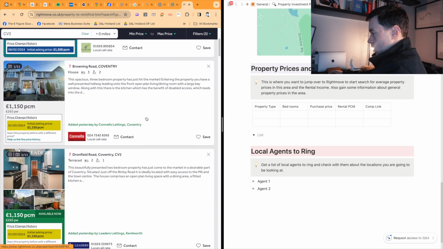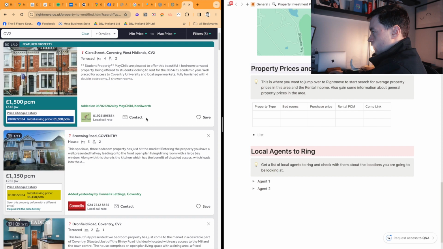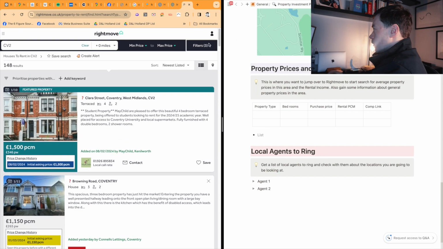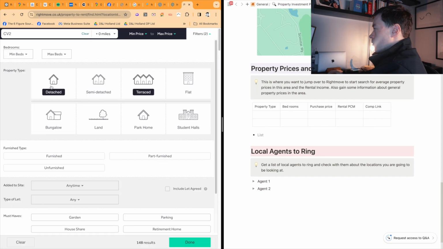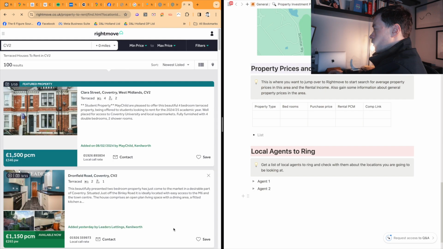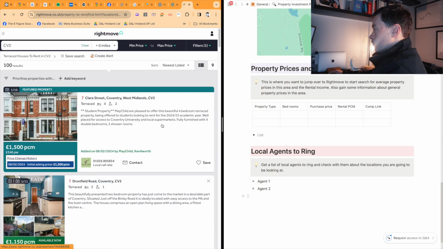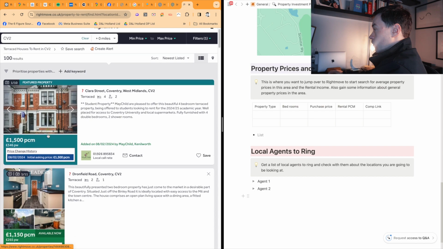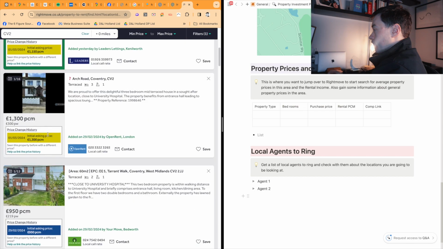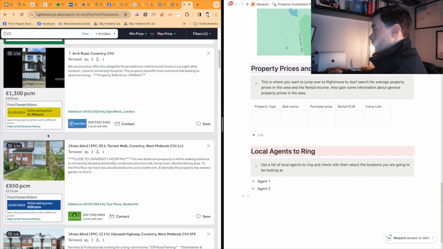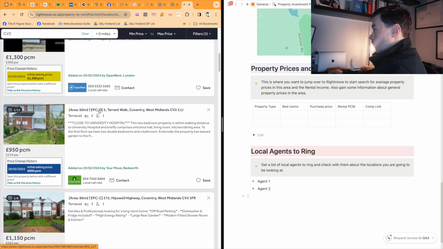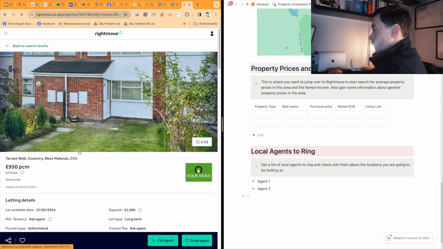Wow. Coventry has got some heavy rents. Let's just go for terraced because they're stereotypical. 4-bed, 1,500 a month. Close to University Hospital. Here we go.